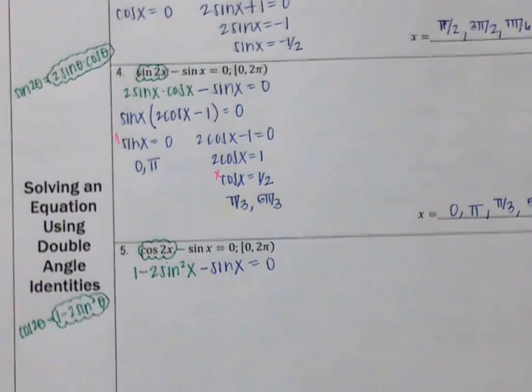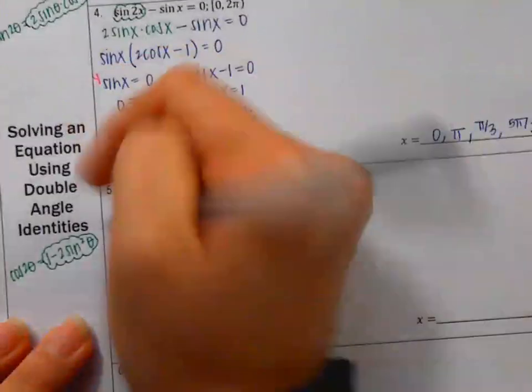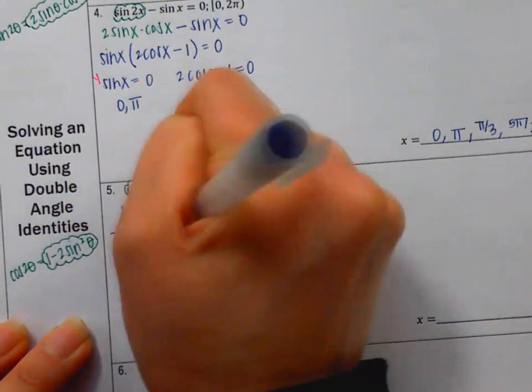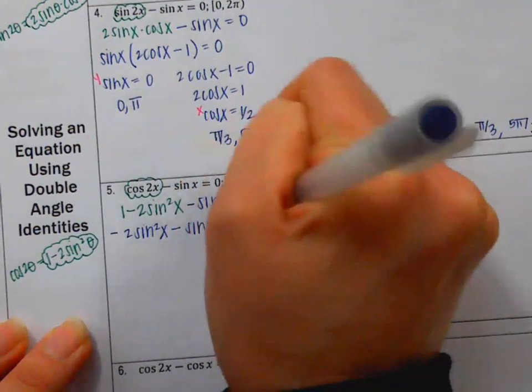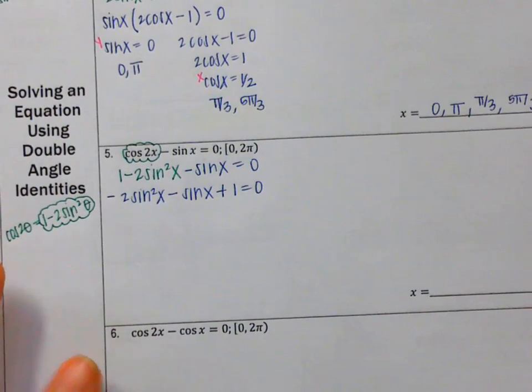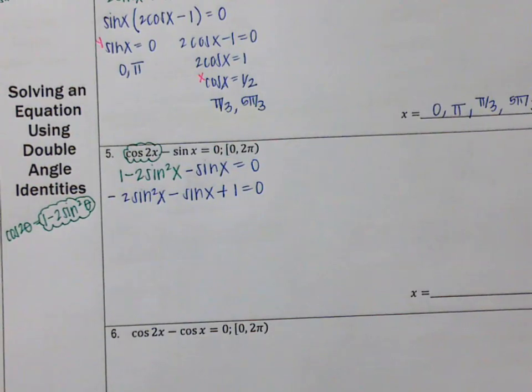Now, first thing I'm going to do is just rearrange it. So my squared term is first, and then my x term, and then my number. So that's going to be negative 2 sine squared x minus sine x plus 1 equals 0. Now, remember what I always say about x squared terms, which this is my x squared term. We always want them to be positive.